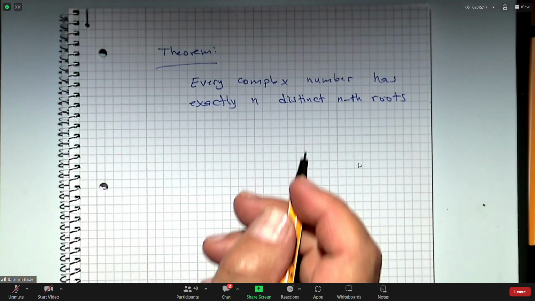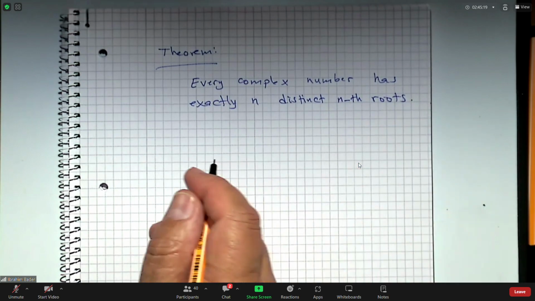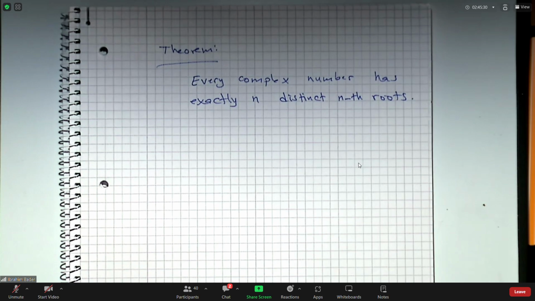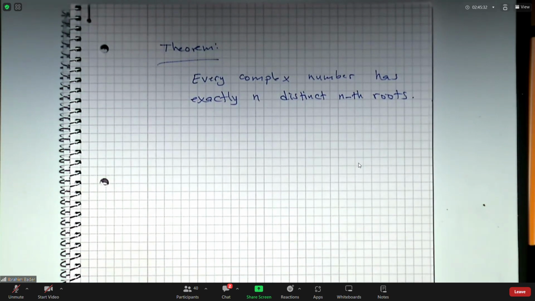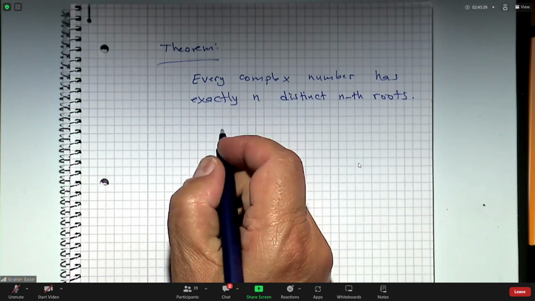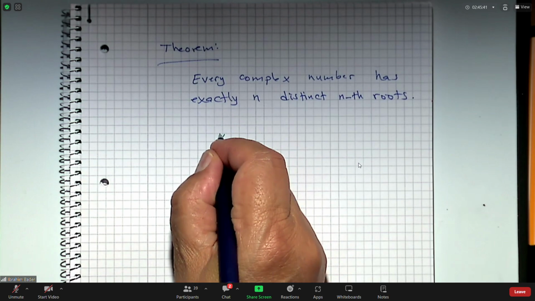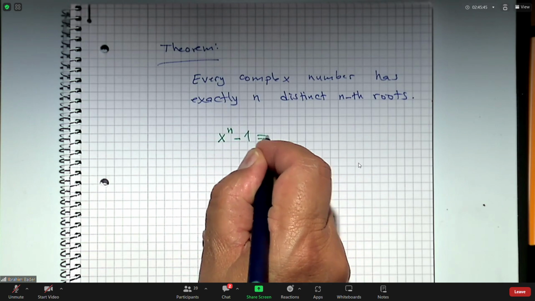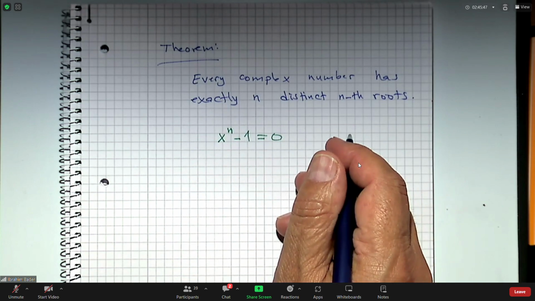Okay, nth roots, this one is actually equivalent to the fundamental theorem of algebra, because notice there is a close relationship between finding the roots and solving a polynomial equation. Let me write it here to show you what it means to evaluate x to the power n minus 1 equals 0.